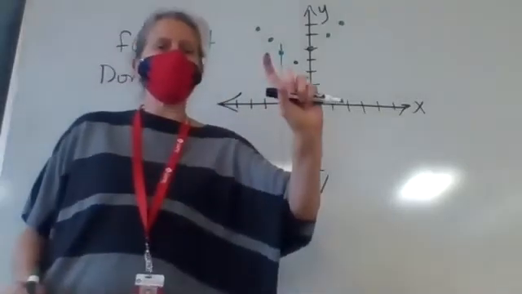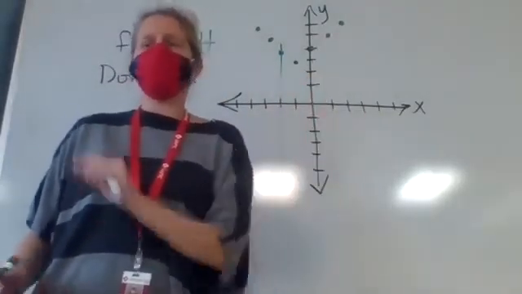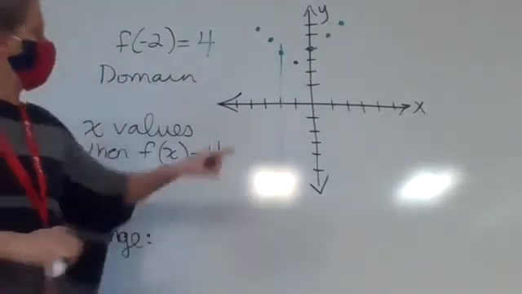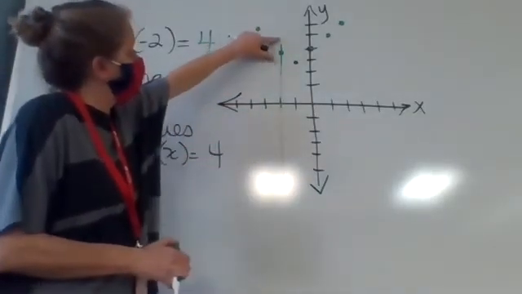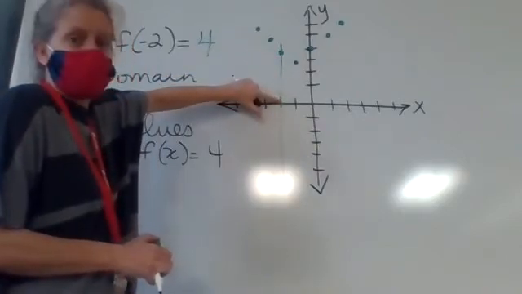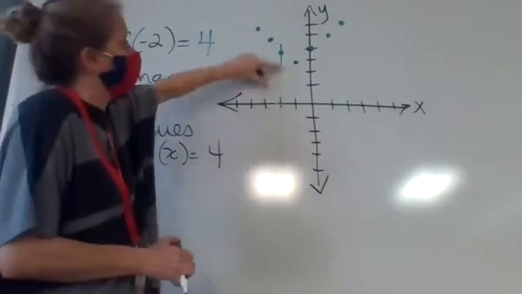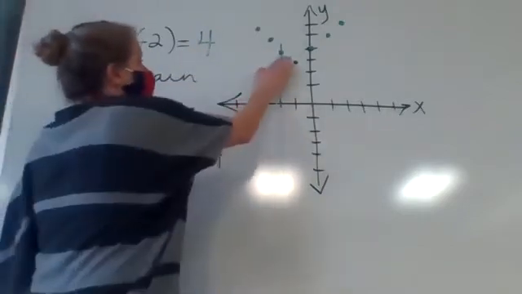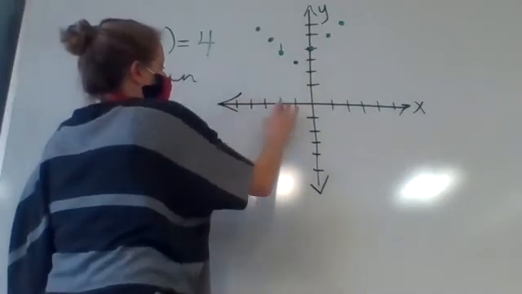When x is negative 2, y is 4. Is there anywhere else where x would be negative 2? If there was, you would see it lining up with this negative 2 on the x-axis. There's not any other points that line up with that negative 2.